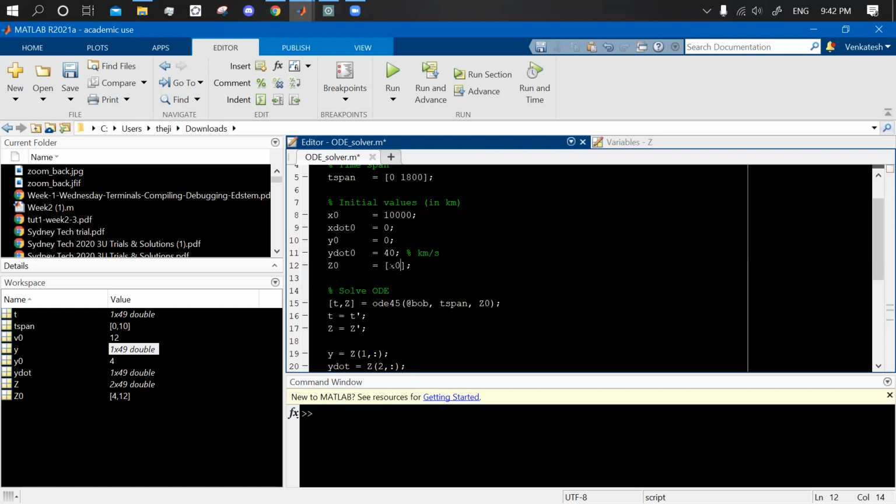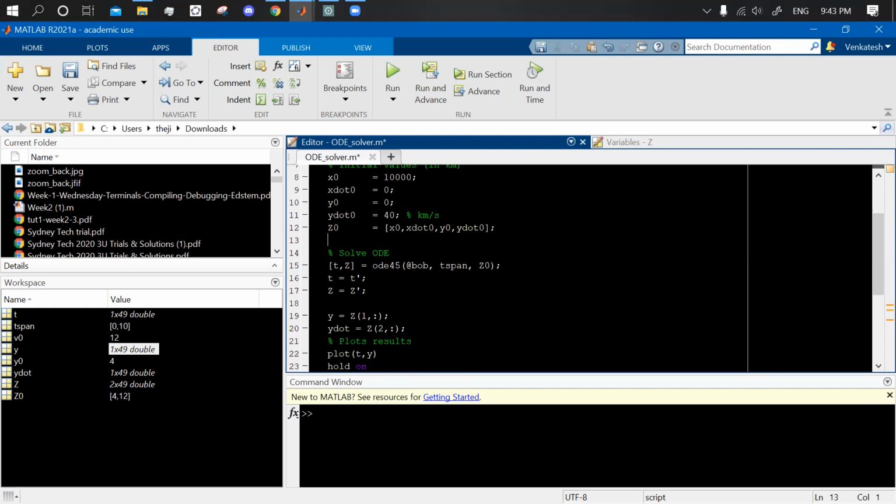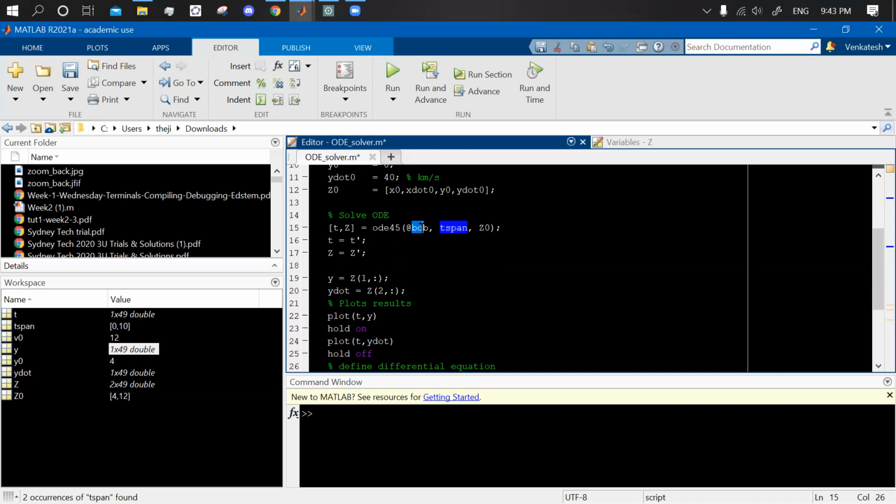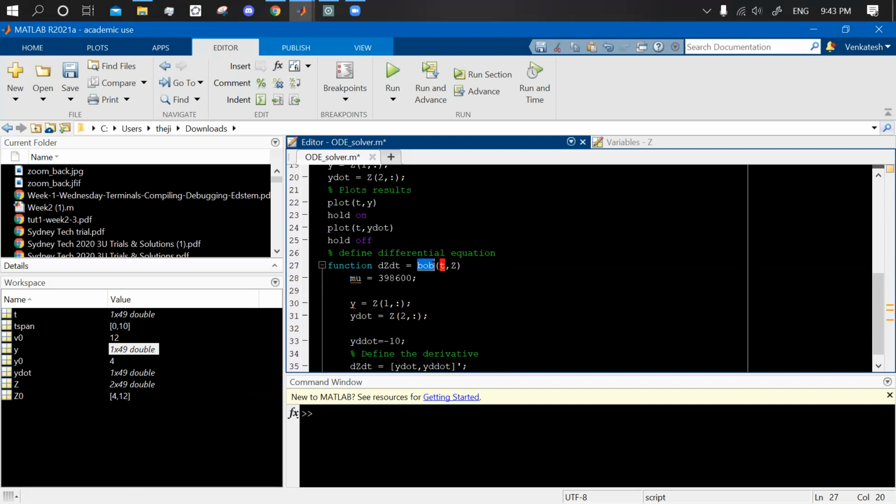So it's x naught, x dot naught, y naught, and then y dot naught. So from here, I've defined my initial conditions. My time span has been initialized, but I haven't defined my derivative. So I'll just call this gravity for now, so it's easy to understand what exactly we're doing here.